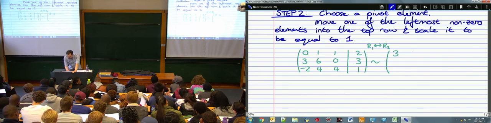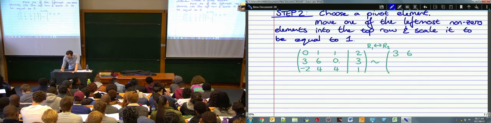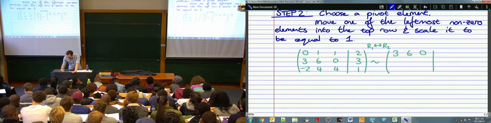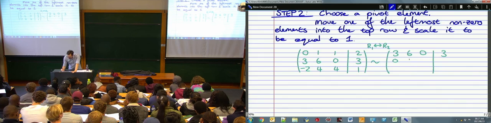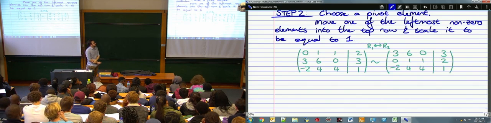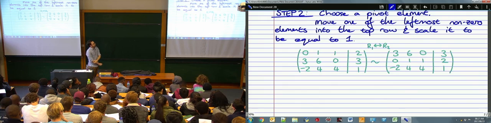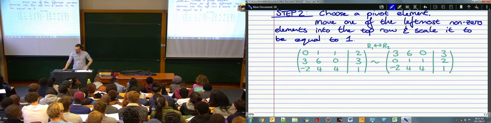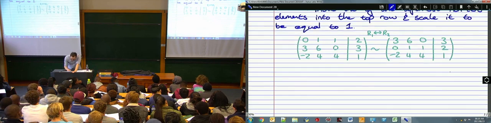So row 2 goes up here. So this would be 3, 6, 0, 3. Row 1 drops down. That's 0, 1, 1, 2. And then the last row here is unchanged. And then we would scale so that that entry isn't a 3, it's a 1. So we'll scale it by a factor of 1/3.